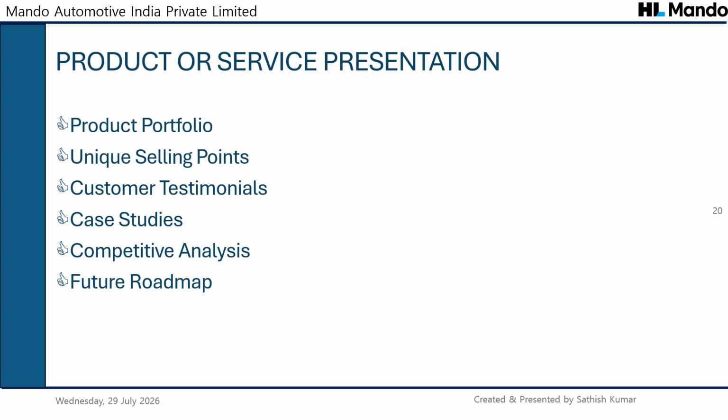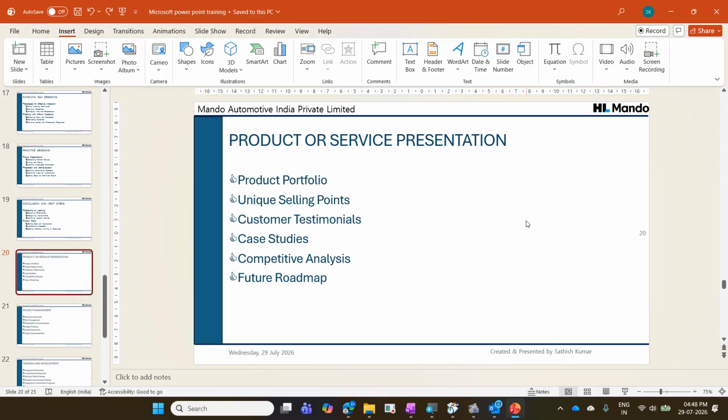Very good. How can I stop the slideshow? Escape. I press Escape and I come out of this. I want to restart the slideshow where I have left off. If I press F5, it will start from the first slide. Shift F5 will start from where we have stopped.